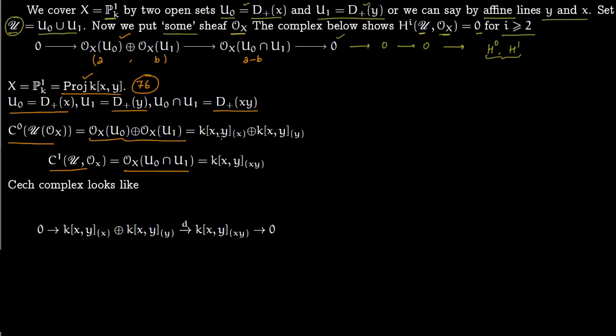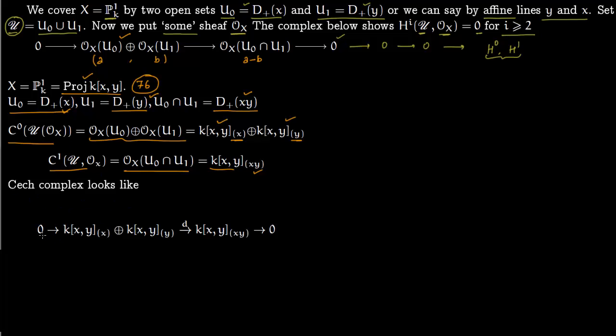If you already know, then you can see that this piece corresponds to D+(x), so you localize at x. This piece corresponds to D+(y), so you localize with respect to y, and these are in brackets because we have homogeneous fractions here. And C1 is just the intersection, so this is xy, so you localize your ring at xy. So k[x, y], your ring localized here. So this is your complex.